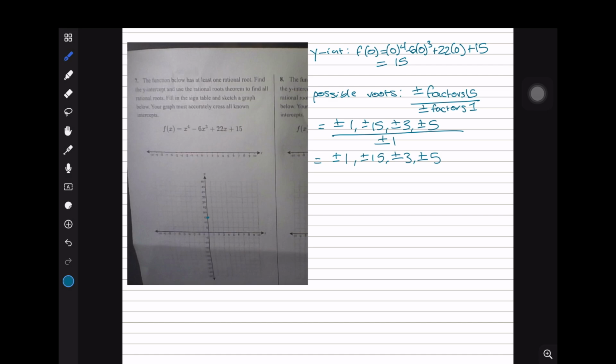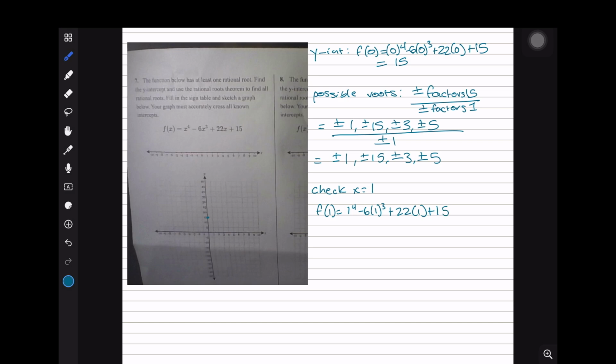Now, in order to find your zeros, you can easily plug in one of those to try to see if your answer is going to be a 0. If your output is 0, then you know that at that point, you have a root. So let's check that. Let's take the first one, x equals 1.